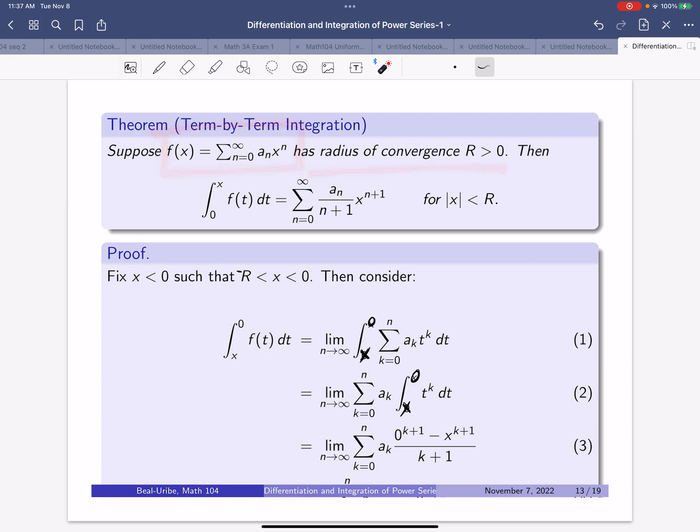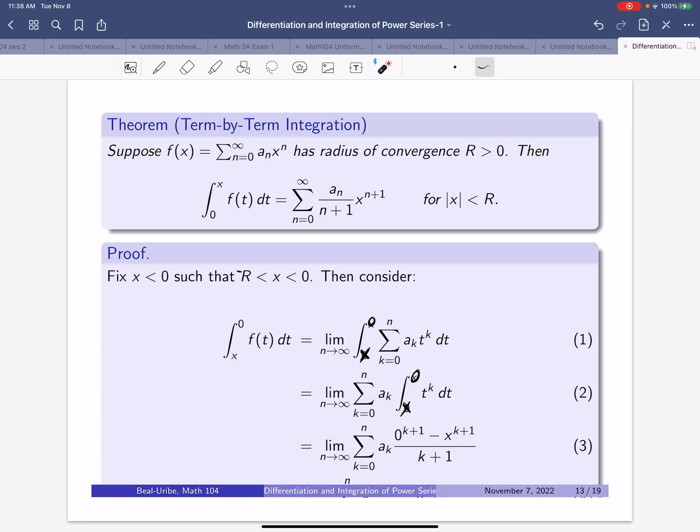Then the integral, the antiderivative of f, is this series right here. And of course, this series is going to have this radius of convergence. So to prove this, we just need to show that this integral is equal to this series, because our lemma will tell us that this series has this radius of convergence.